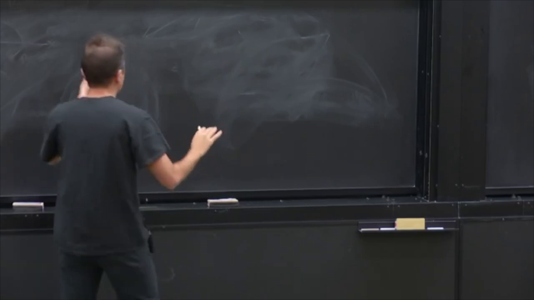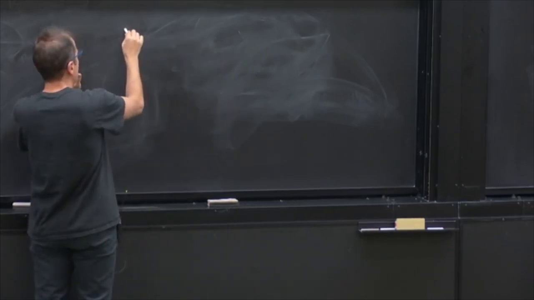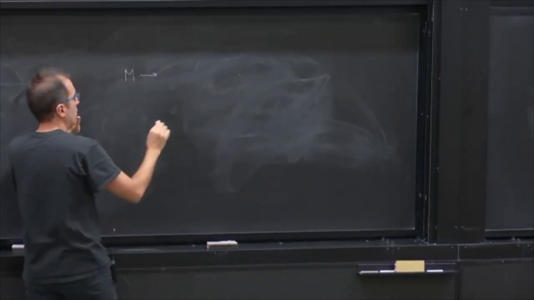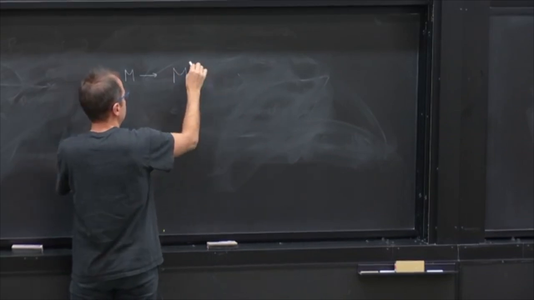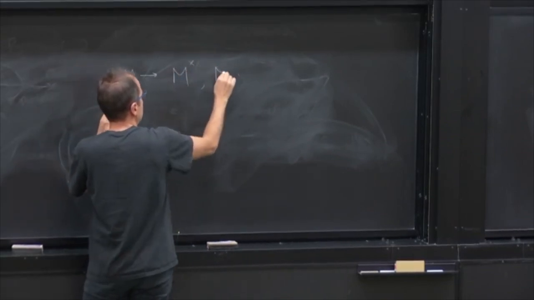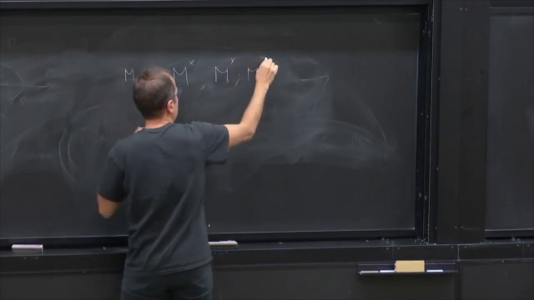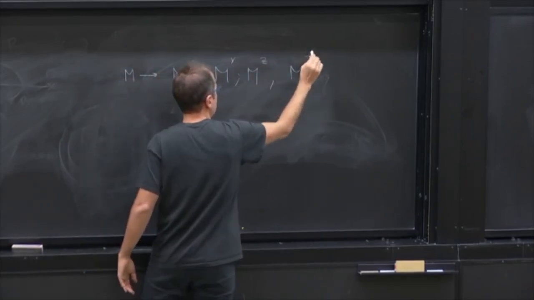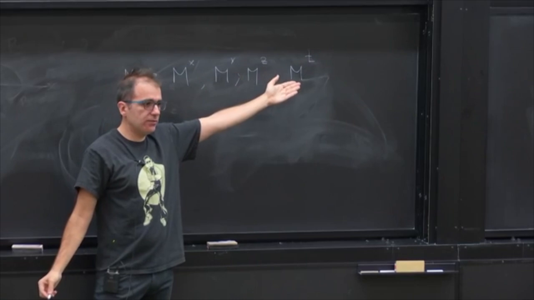So just to confuse you a little bit, let me give you an example. Suppose we have, instead of one matrix M, 4 matrices, Mx, My, Mz, and M time. Now we have a 4-dimensional target space.